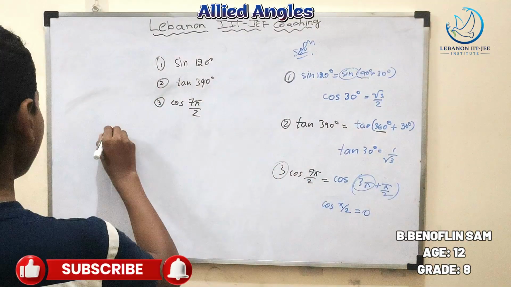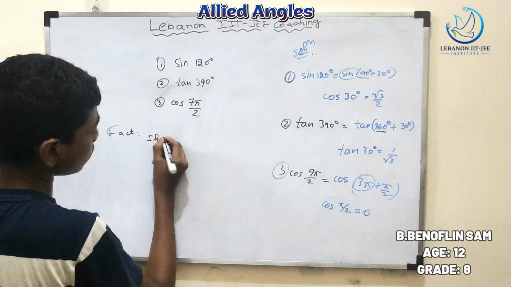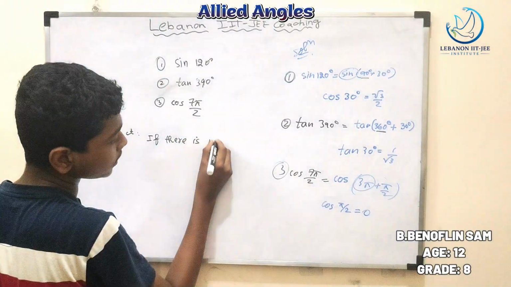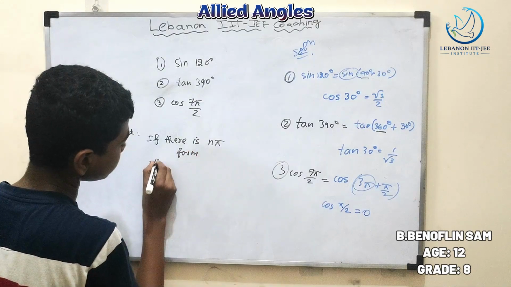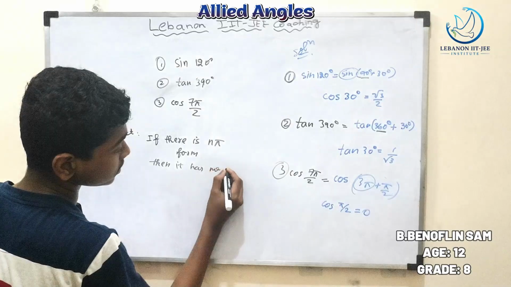And I do it for a fact: if there is an n pi form, then it has no change.